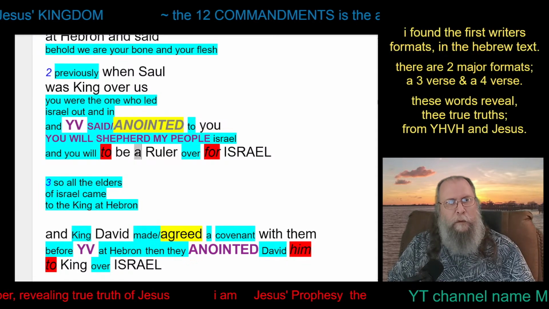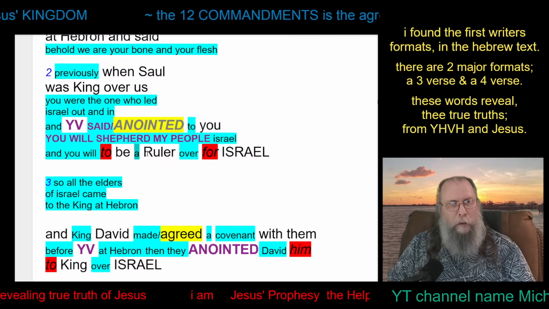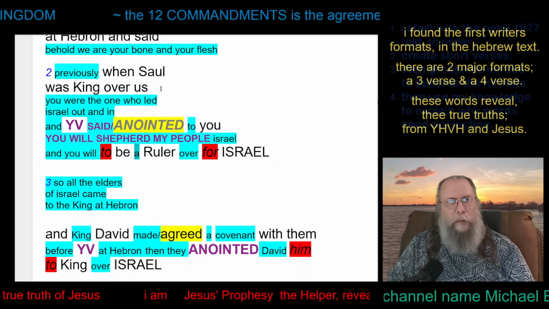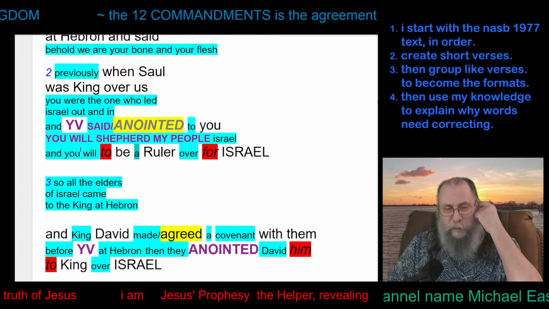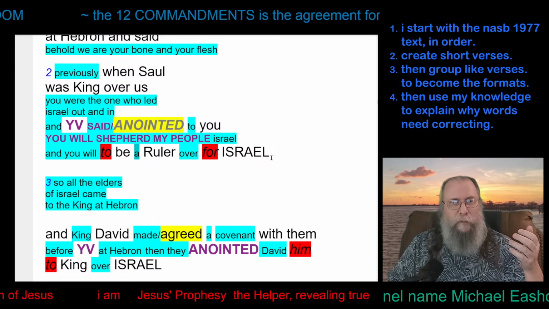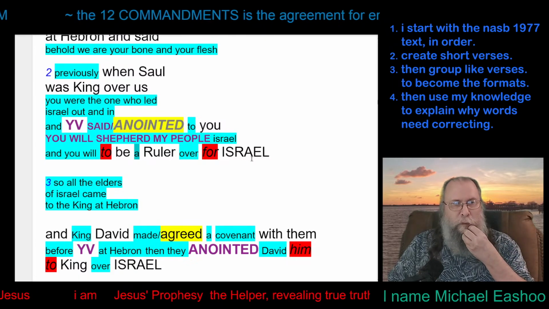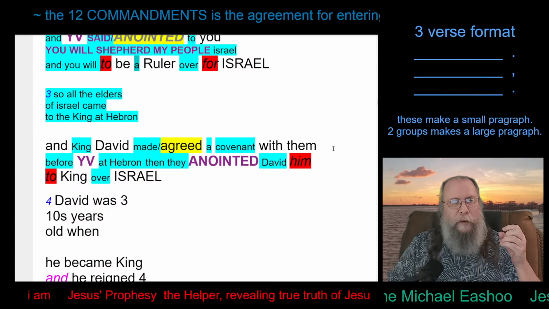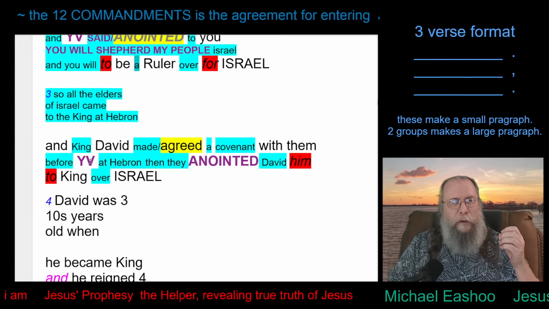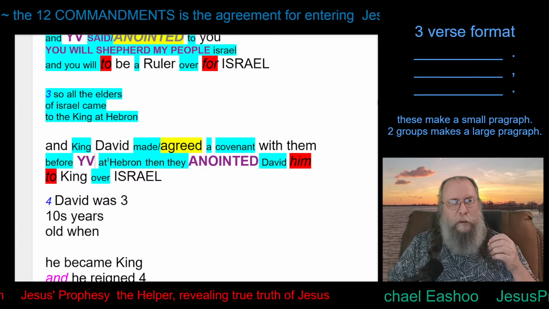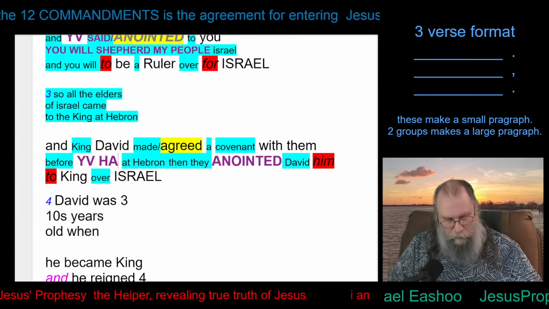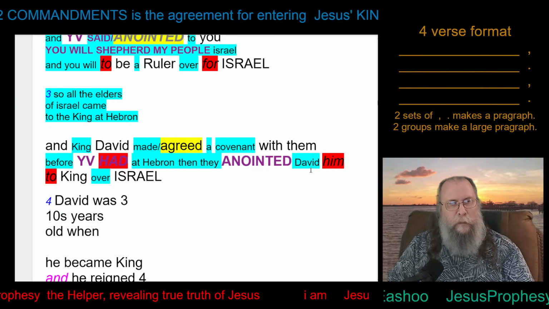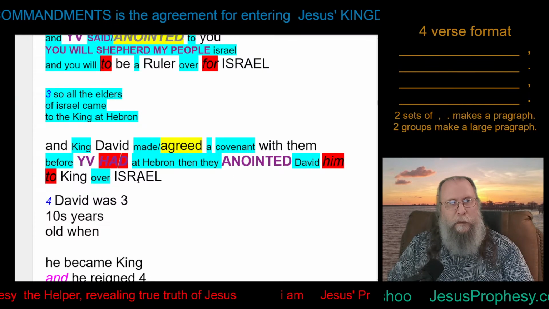To be for Israel. But Saul was king, so this has to be he would be a ruler for Israel. If David agreed with them, YV had anointed him to be king.